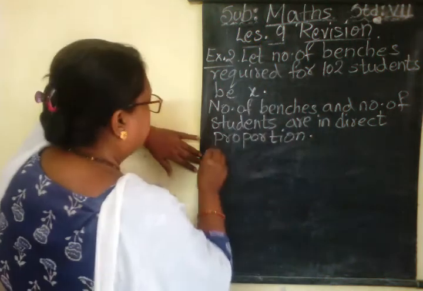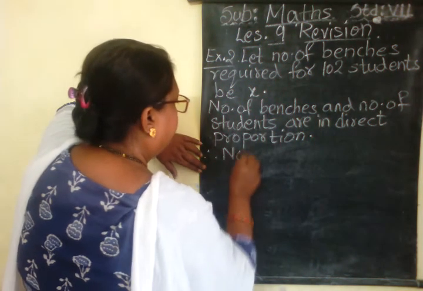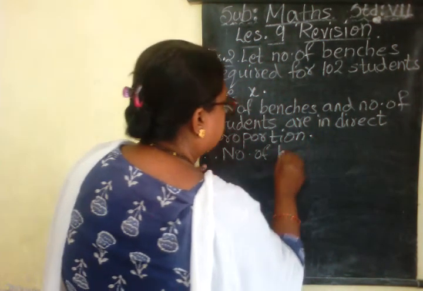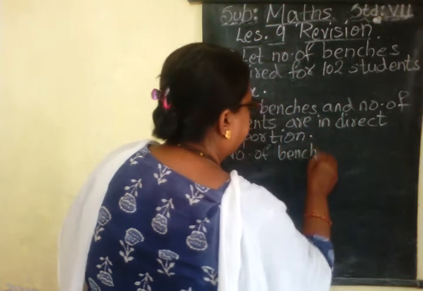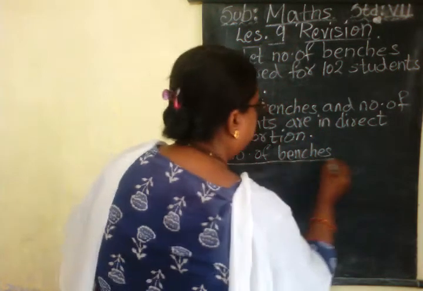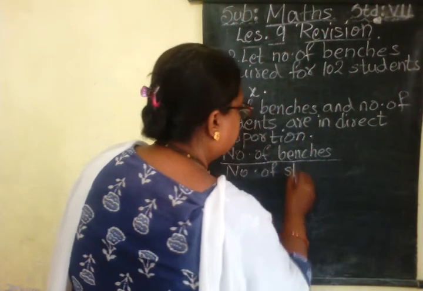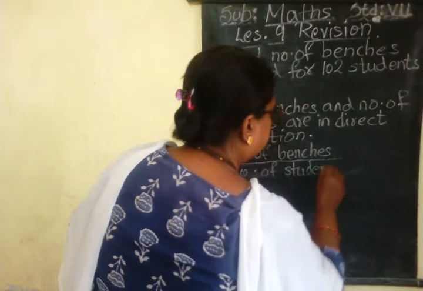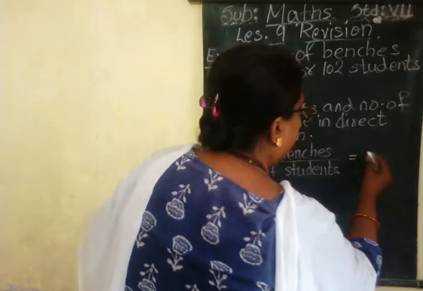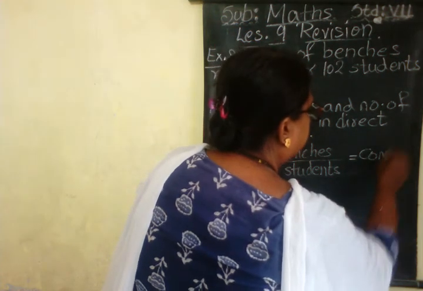So, therefore, number of benches upon number of students is equal to constant.